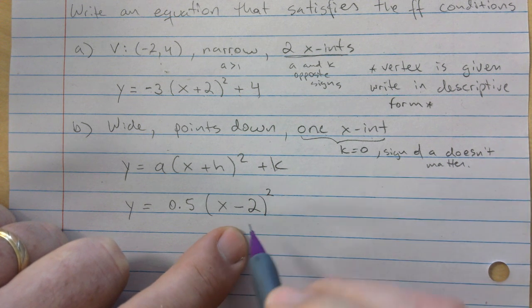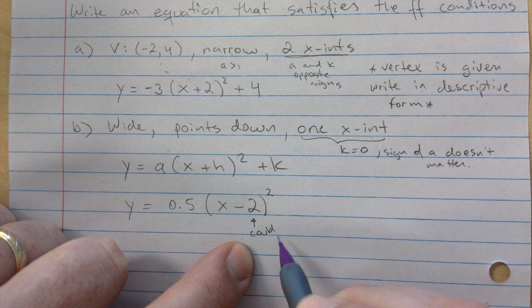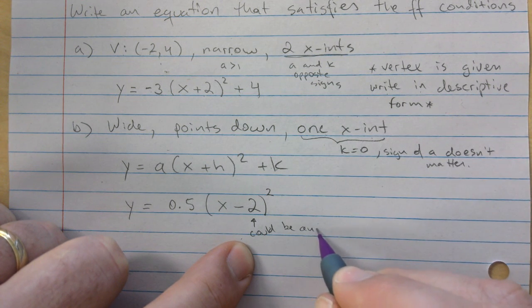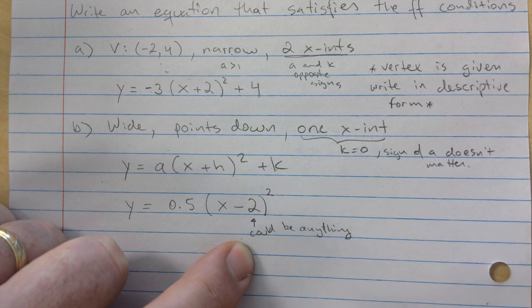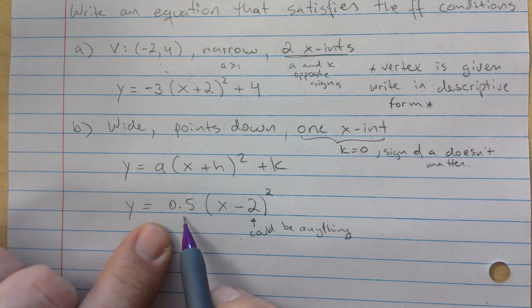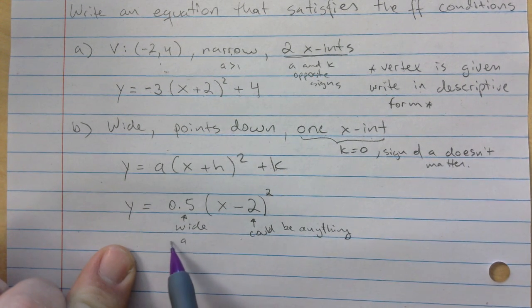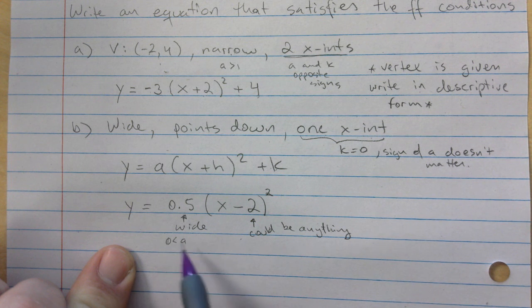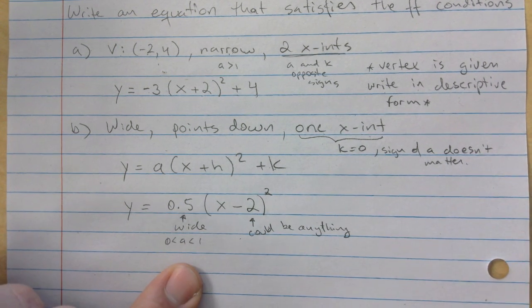This could be anything. It doesn't matter. K is 0, right? And I make sure the square is there, and this makes it wide, right? A is between 0 and 1. And the sign could be anything as well.